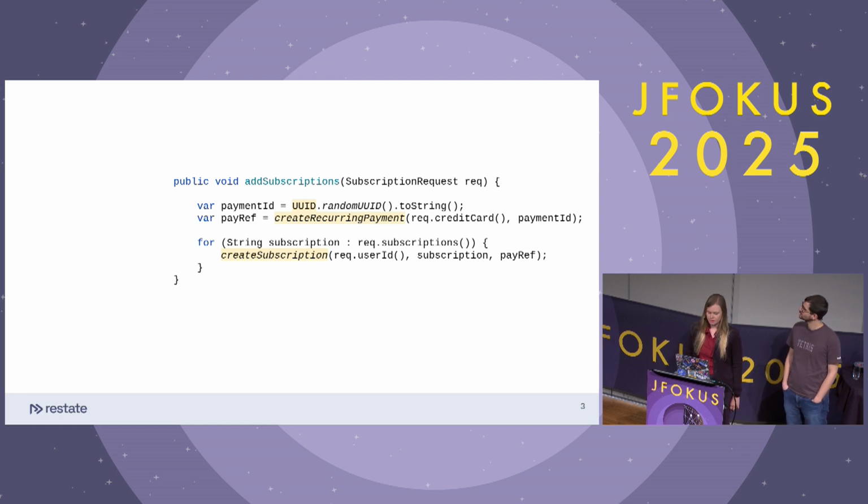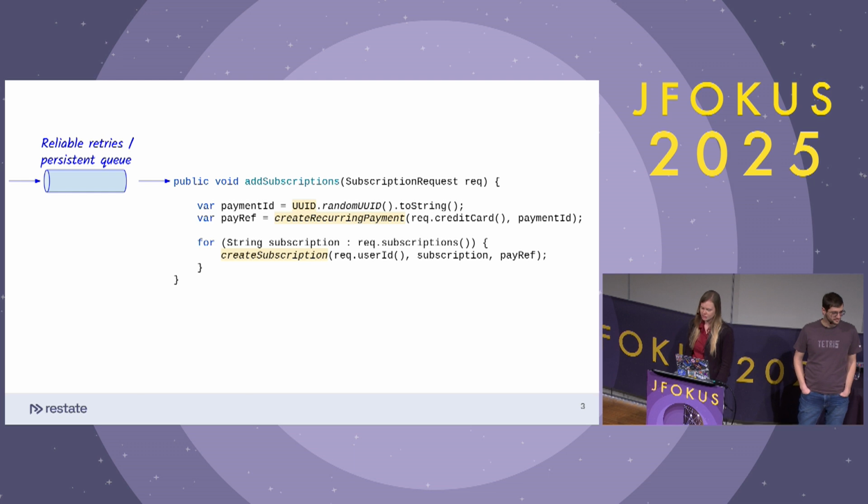So the first one is related to what was mentioned in the audience. We need something like retries to start with, so that if this crashes somewhere halfway through, we don't just lose that request, but we actually retry this execution and make sure that all these subscriptions are created.